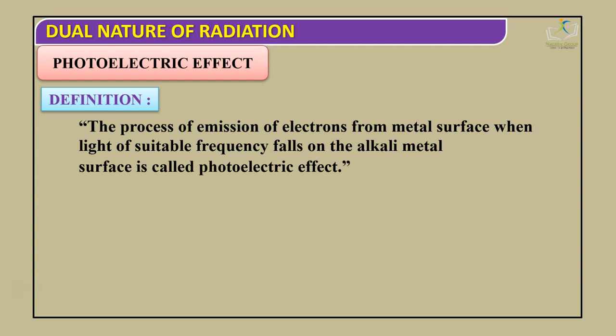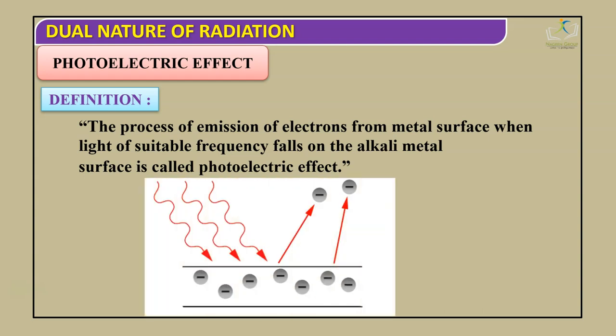Earlier we saw why we are using alkali metal. If you have not seen that video, go to video number 1, that is the introduction part. So here we have taken an alkali metal, and when light of a particular frequency falls on this metal sheet, the electrons start to eject.